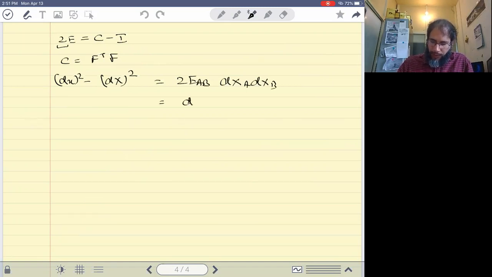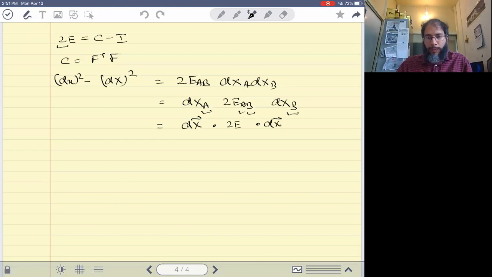So we can write dXA times twice EAB times dXB. You can see now the indices are in the right order. So this means that this term can be written as dX vector dot twice E dot dX vector.